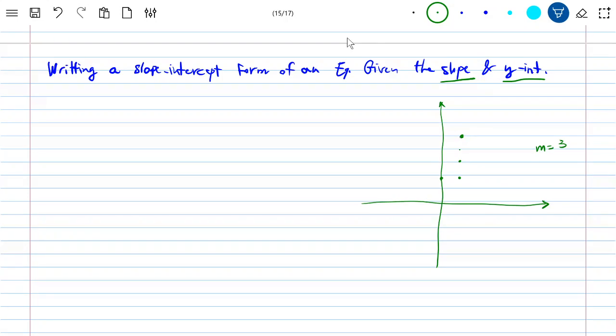That next point is going to be on the line as well. So I'll draw a line passing through that. This line has a slope of 3, and this is the y-intercept. So if you're given the y-intercept and the slope, you should be able to find the equation of the line.